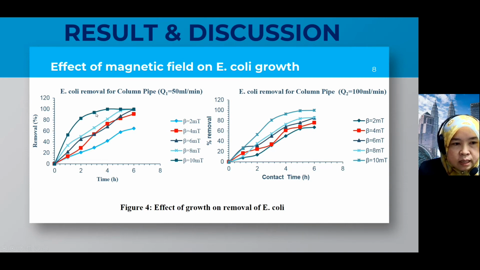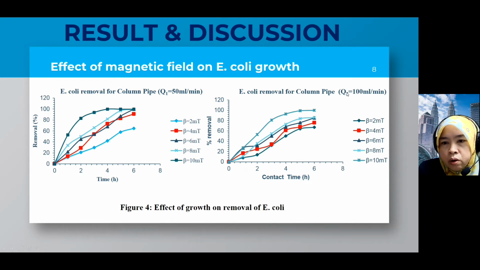We can see the rate of removal of E. coli. The highest removal of E. coli is by using 10 millitesla of electromagnetic field exposure.